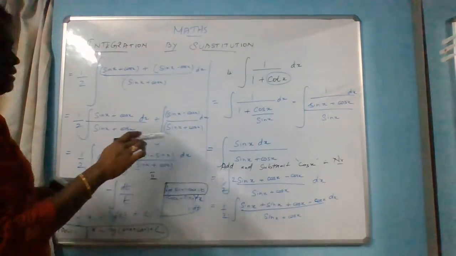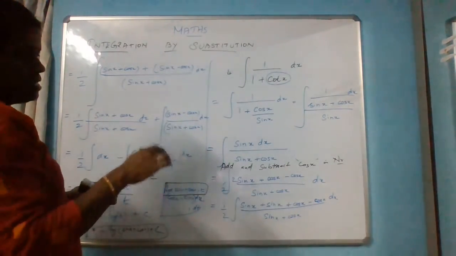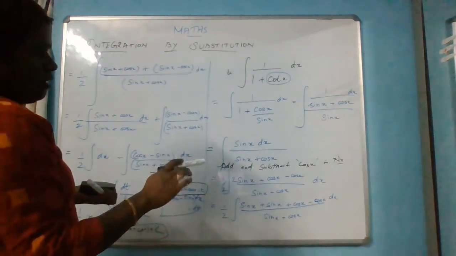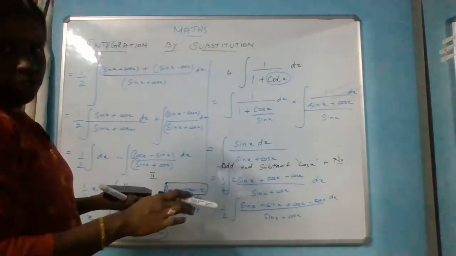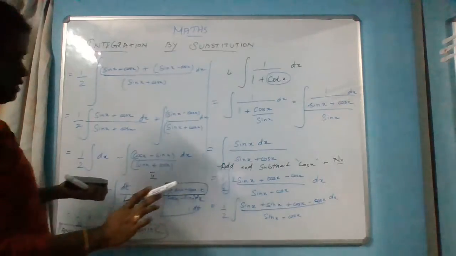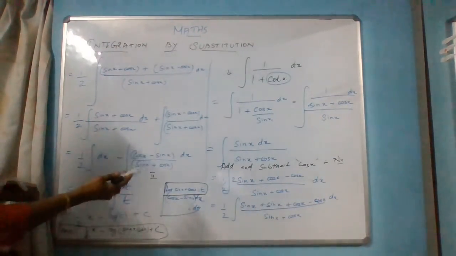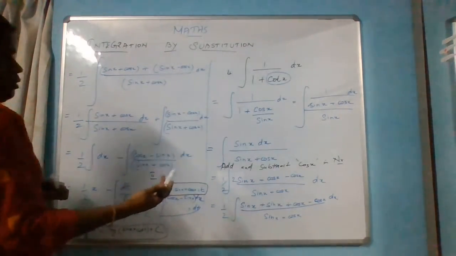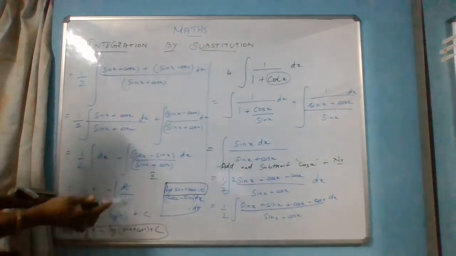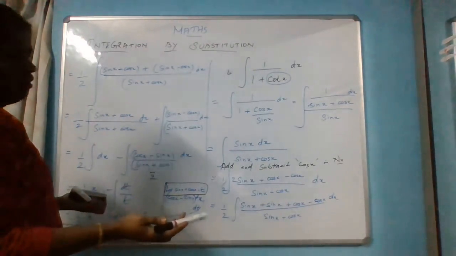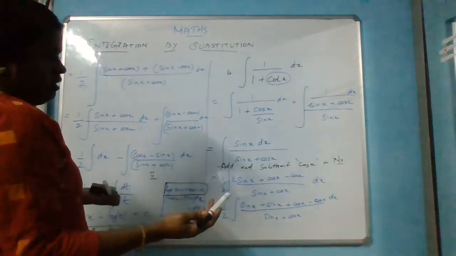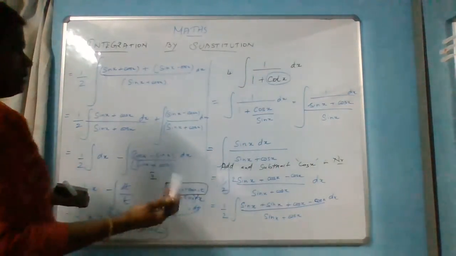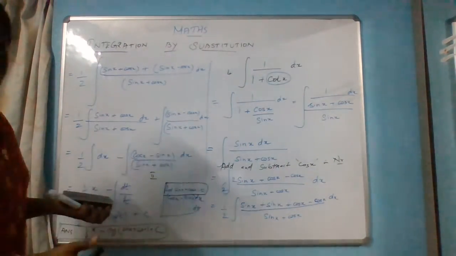Such terms can be considered as t, so that the entire method of integration using substitution becomes much simpler for us. This is a very simple concept that you will get by practice. Nothing big or very difficult. Once you practice, you will be able to handle all these methods.